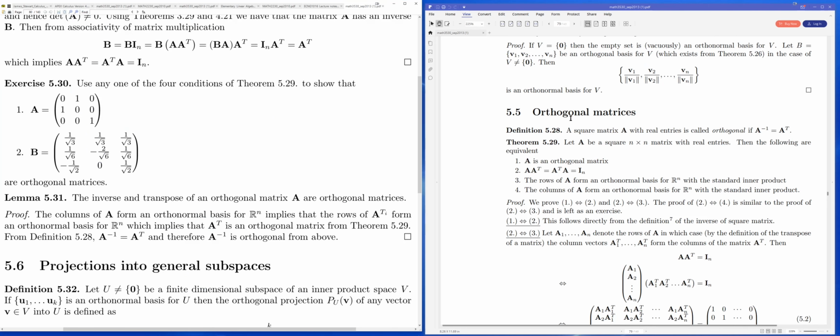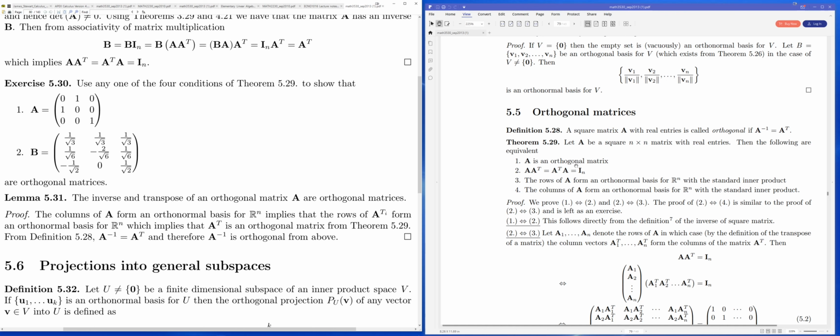Okay, so let's look at orthogonal matrices very briefly. A square matrix A is called orthogonal if the inverse of the matrix A is actually just equal to the transpose. And here I have some properties or characterizations of an orthogonal matrix.